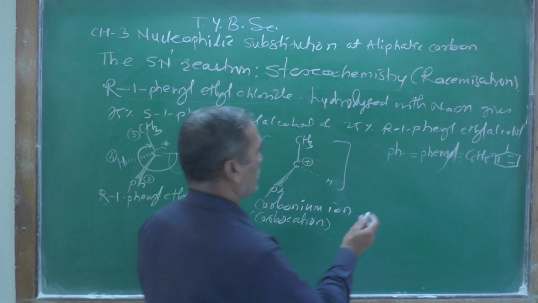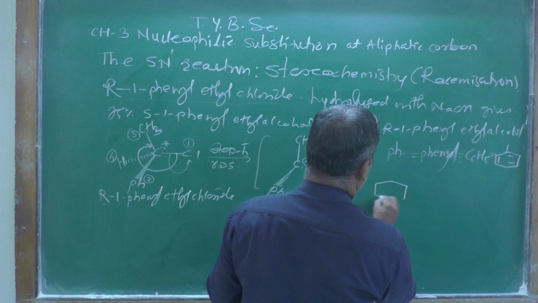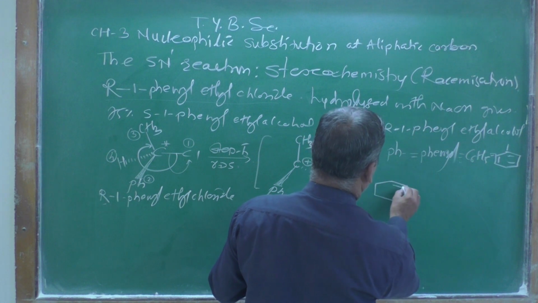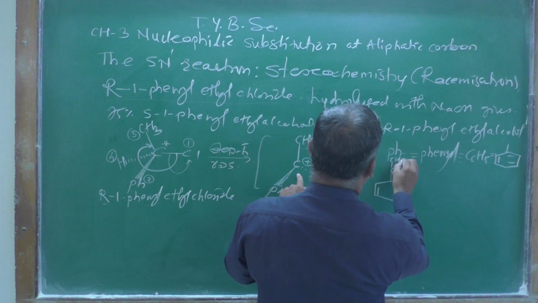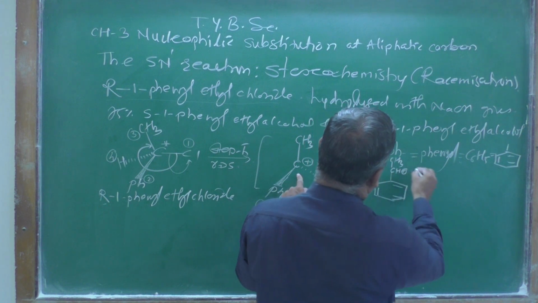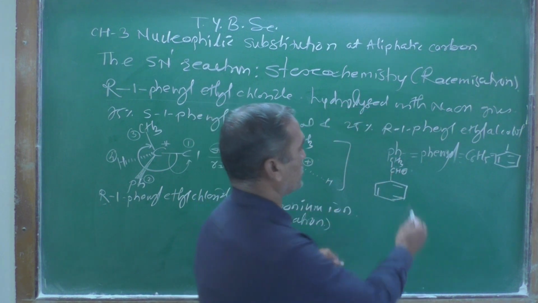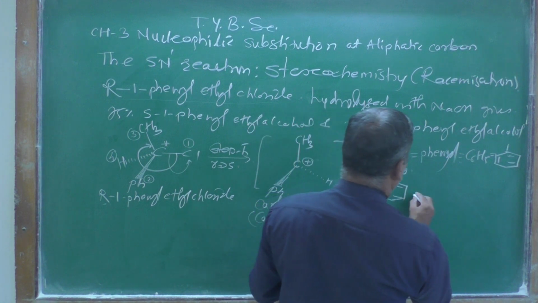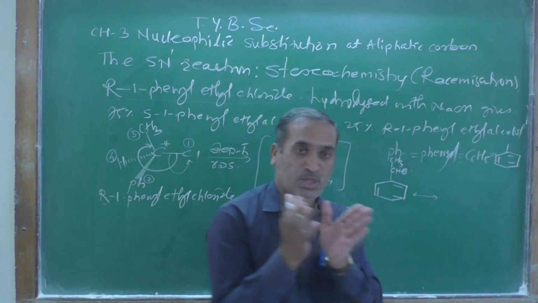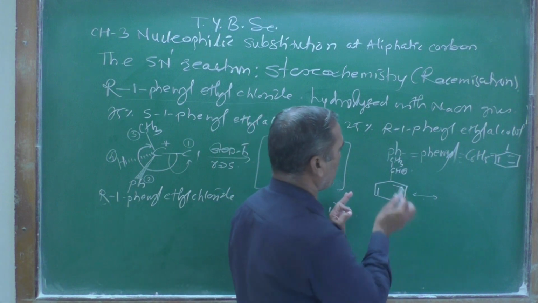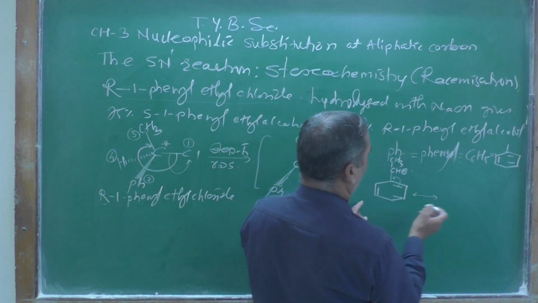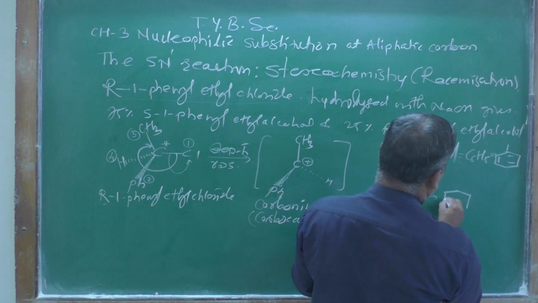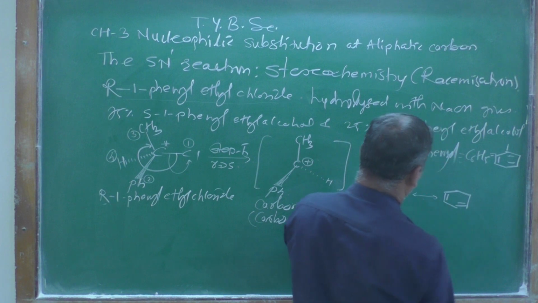Look here, suppose there is this phenyl group, I am writing this pH like this, and there will be this one C, then CH3, with positive charge. That is a benzylic cation, and this benzylic cation, as we know, is well stabilized due to resonance. This double bond shifted from here to here, and what do you get? You get here this double bond and this double bond, they are as it is.